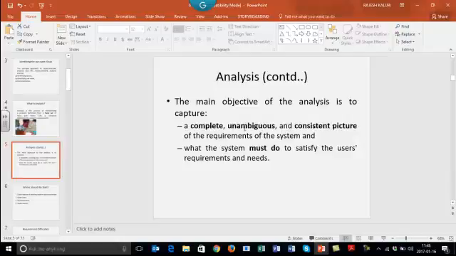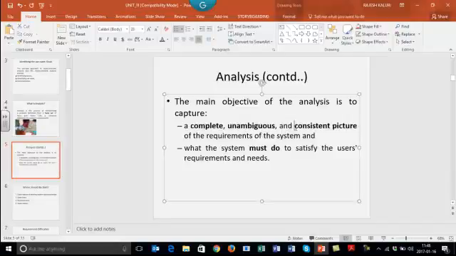Also, another thing is consistent. Whatever analysis we want to do should be a complete one. If it is complete, then obviously there will not be any kind of ambiguity in the analysis or in that particular process. And the next one is consistent. So these are the three major objectives to follow in the analysis process.